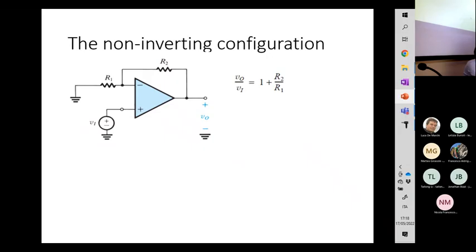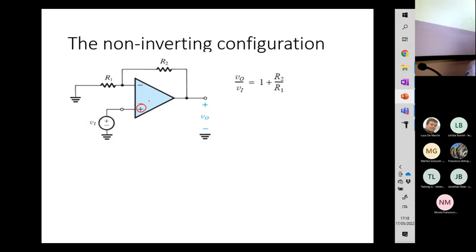There is, of course, also the possibility of using the so-called non-inverting configuration, which is achieved by connecting the input directly to the positive input terminal of the op-amp and realizing the feedback loop through R2 and R1.